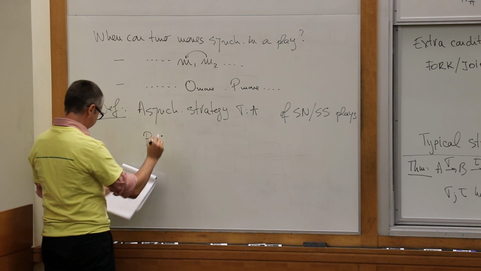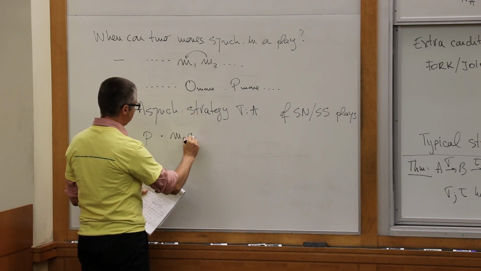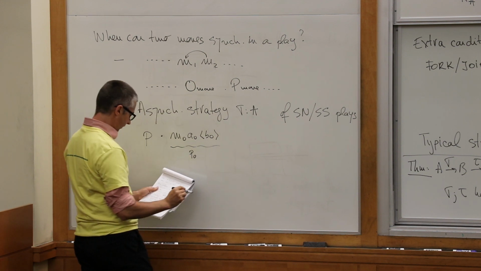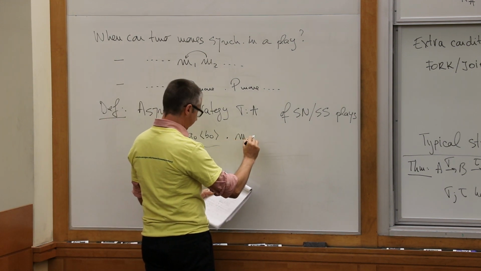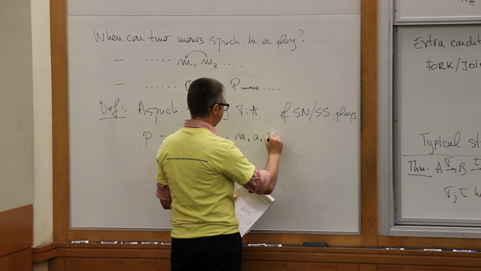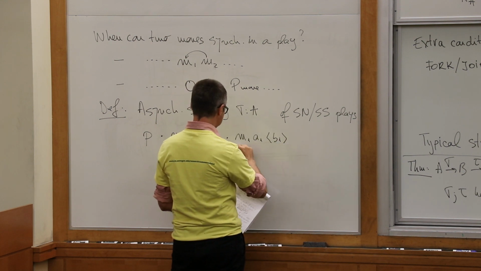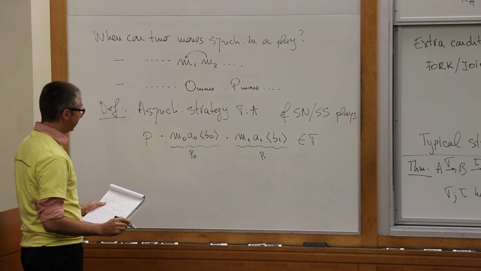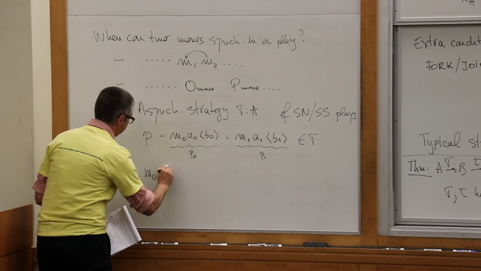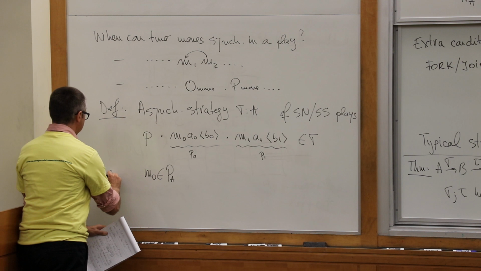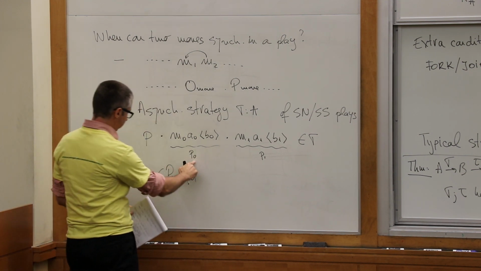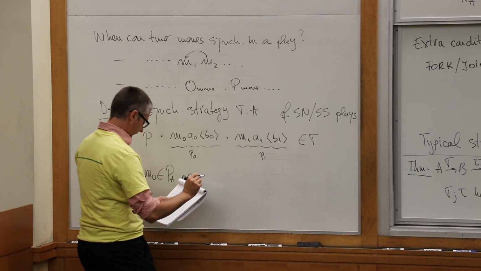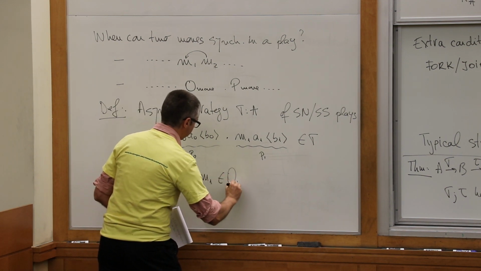So if I have some play, just what I said, followed by some moves M0, A0, B0, let's call this P0, followed by M1, A1, B1, let's call this P1, and this is in the strategy, and M0 is a P move, so this is a P move, or M1 is a P move.